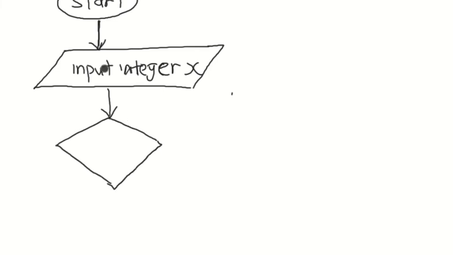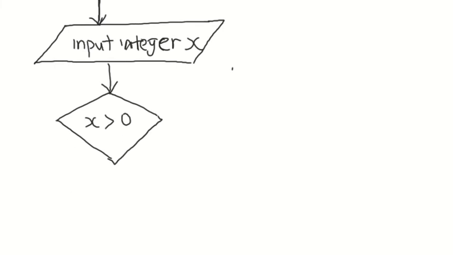We will say, is x positive? Do you all get what this means? Why is this x positive? What is the symbol over here? x is greater than 0. So this x is greater than 0.